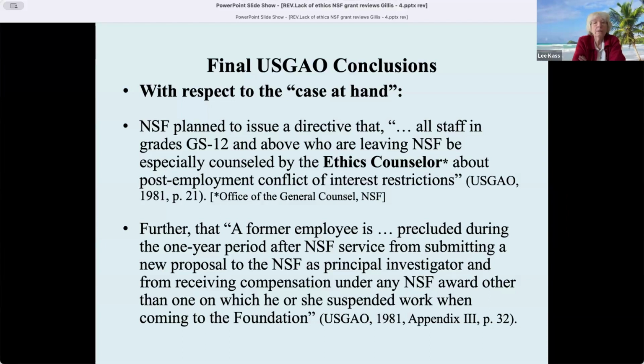Further, they report that a former employee is precluded during a 1-year period after the National Science Foundation's service from submitting a new proposal to the National Science Foundation as principal investigator and from receiving compensation under any NSF award other than one on which he or she suspended work when coming to the foundation. That appears in their appendix.